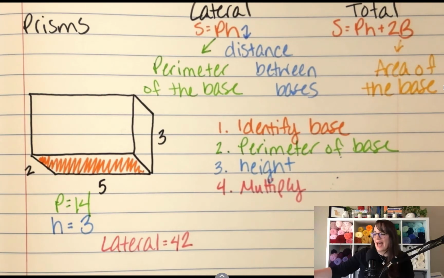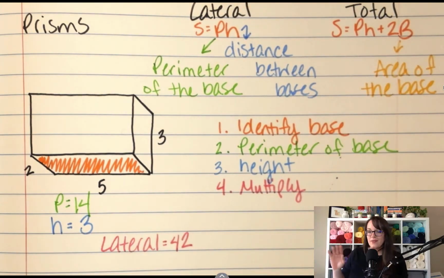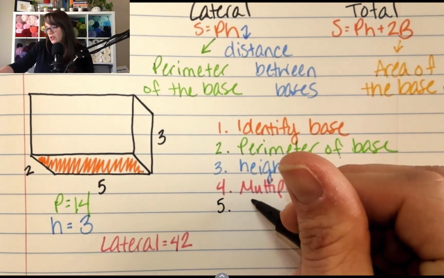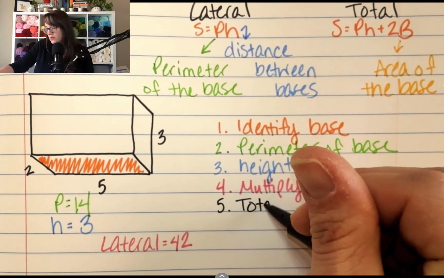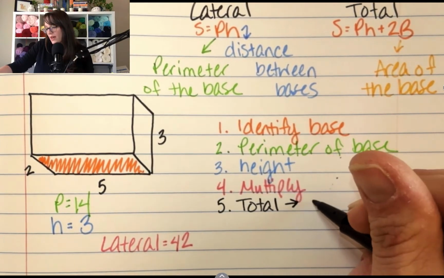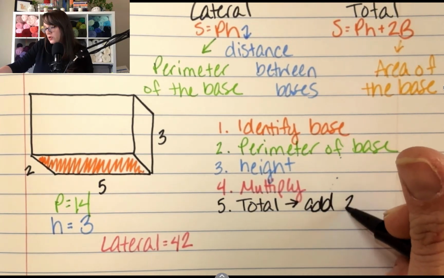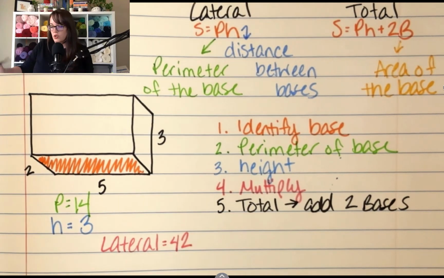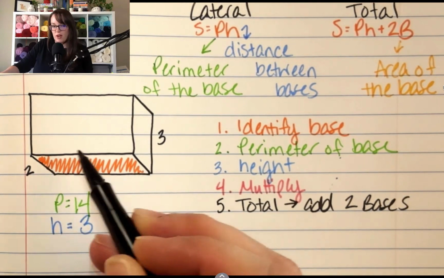Now, if it's asking for total surface area, you have to do more. We have to add in those two bases. If it's asking for lateral area, you're done. If it's asking for total surface area, we need to go on. So if it's total, we have to add two bases to this answer. So what is the area of my orange base?